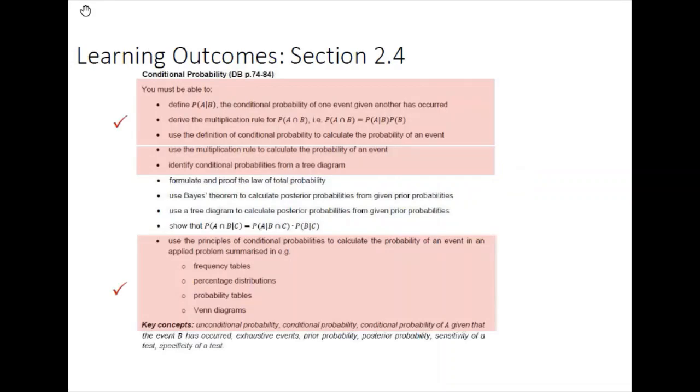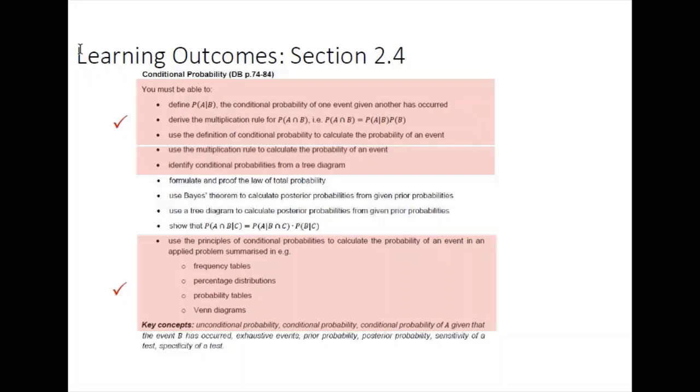In the previous part you learned about conditional probability, using the definition of conditional probability to calculate the probability of an event, and also using the principles of conditional probabilities to calculate the probability of an event by using frequency tables, probability tables, Venn diagram.